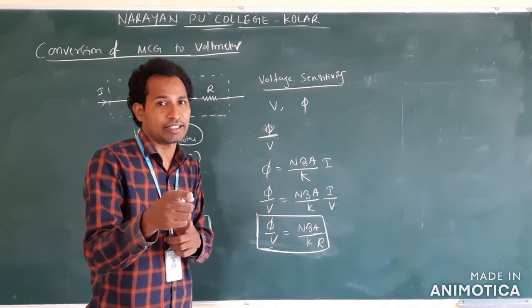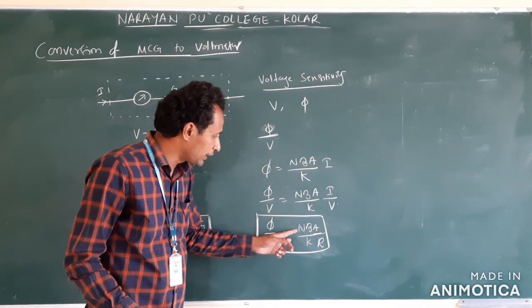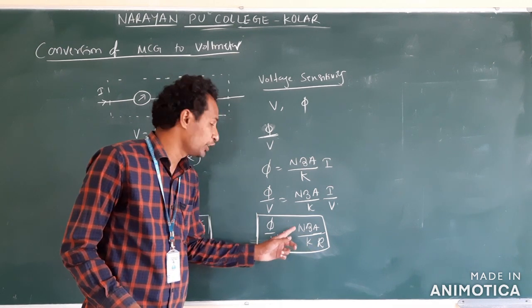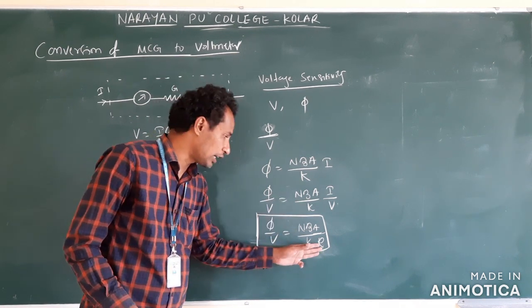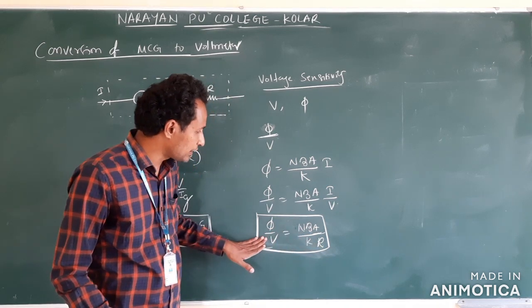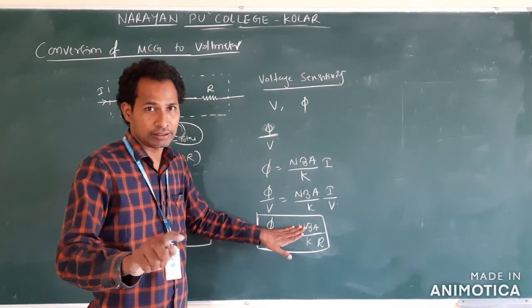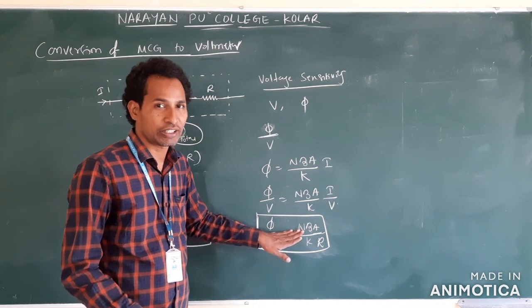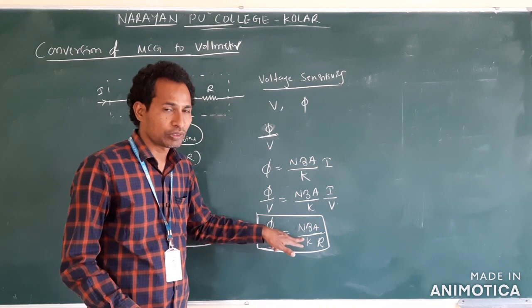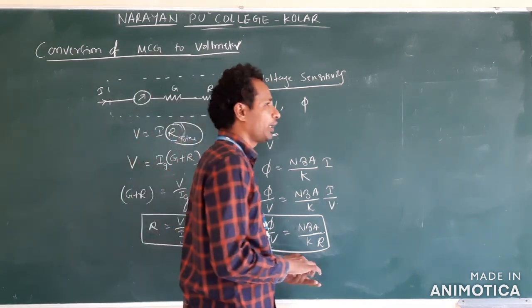L and R are directly proportional. If you make N double, resistance also becomes double, so the 2 cancels. If you make N thrice, R becomes thrice, and again the 3 cancels. So in voltage sensitivity, the number of turns does not affect it. Only B, A and K matter. Clear?